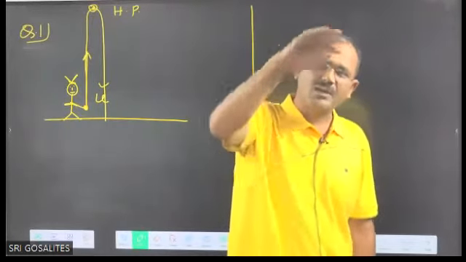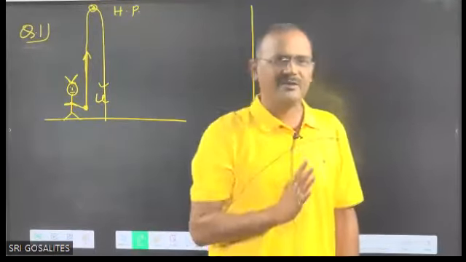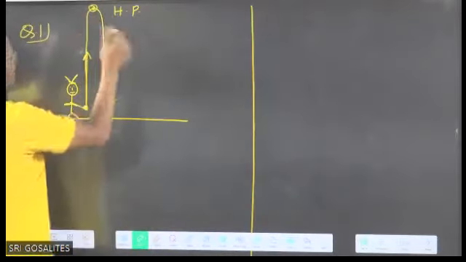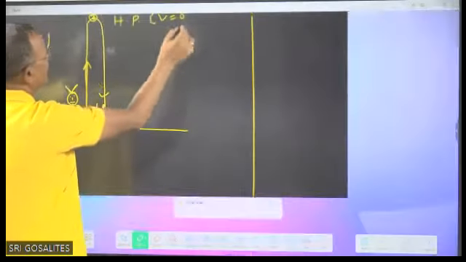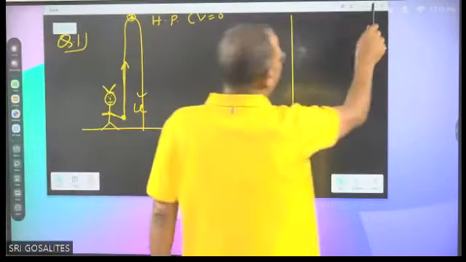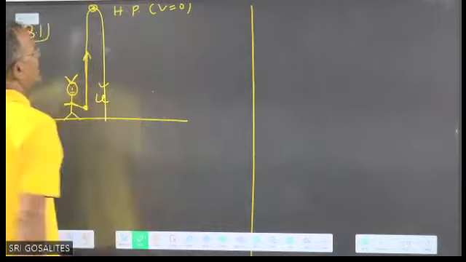Then what happens? G will bring it down, down, down, and it will hit back the ground. Okay. So now at the highest point, we can say for an instant, velocity becomes 0. Right? So velocity becomes 0 for a small instant.